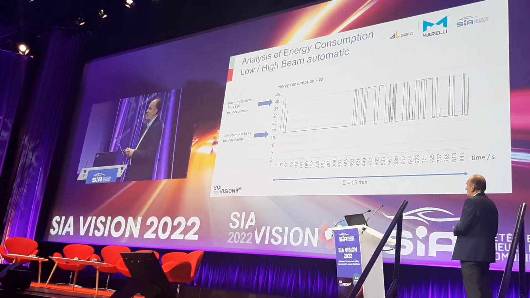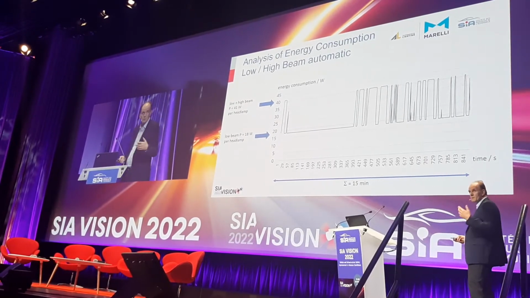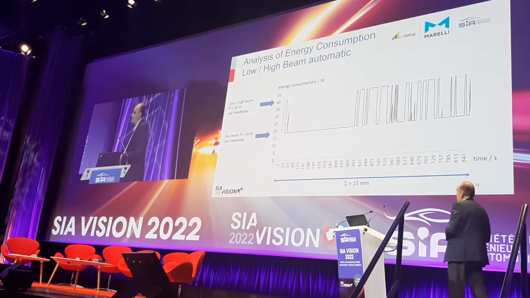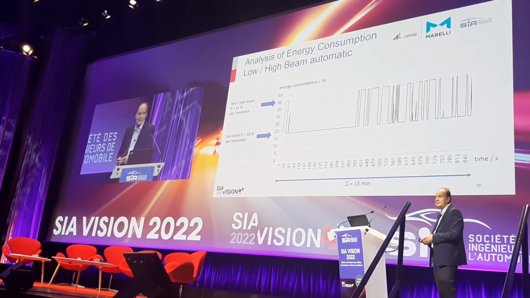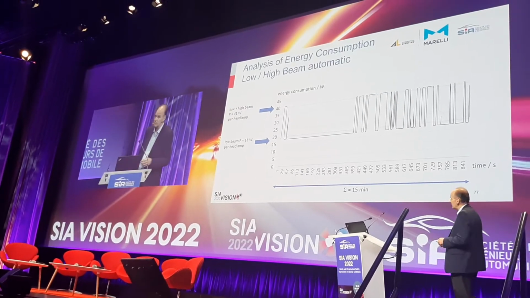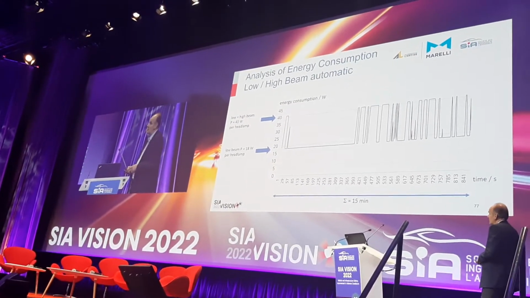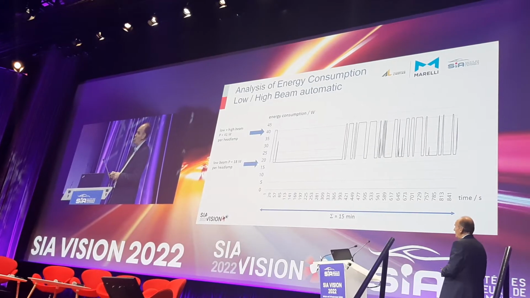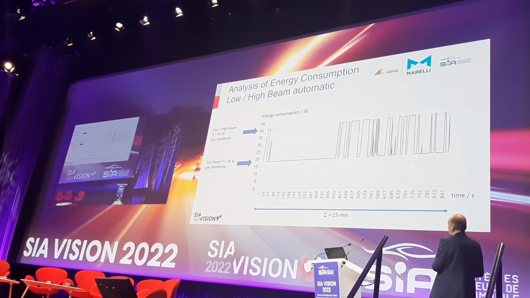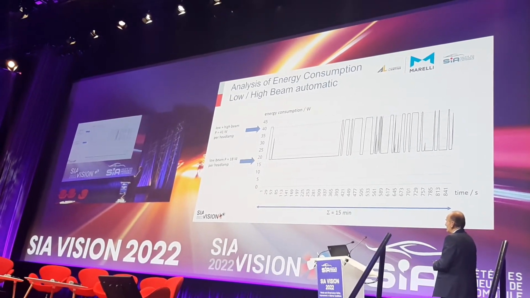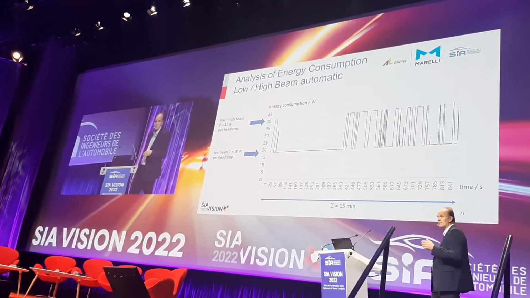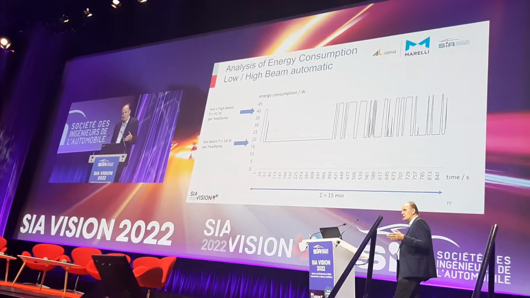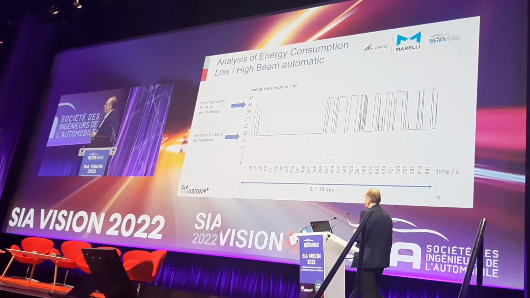For the low beam we have a high-end low beam with more than 900 lumen on the road and more than 50 lux at maximum, consuming 18 watt, including the ECU power losses. So this is the level of the low beam consumption, one constant level. And when this system jumps to the high beam, we are at 41 watt, the sum of low beam and high beam power consumption.